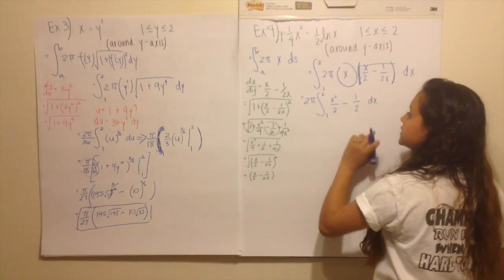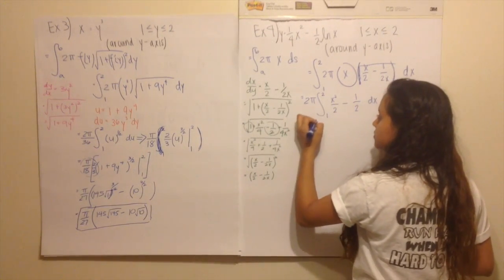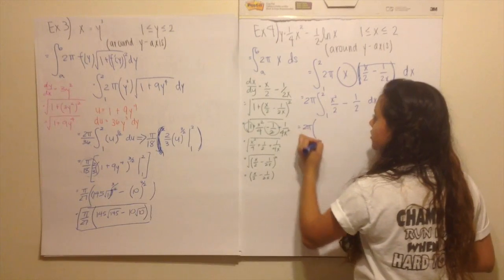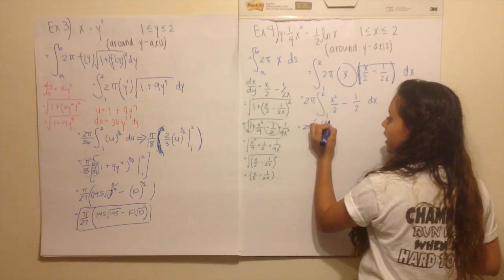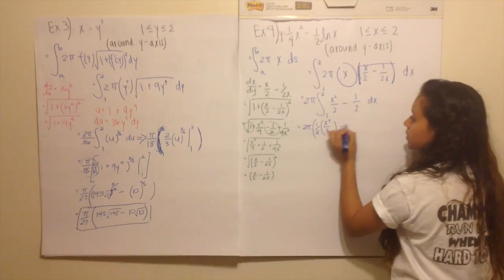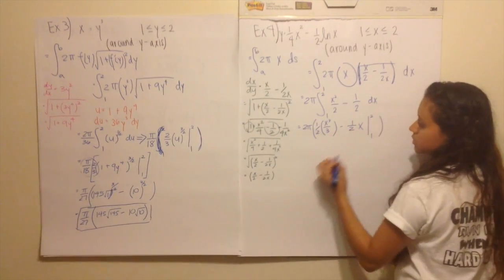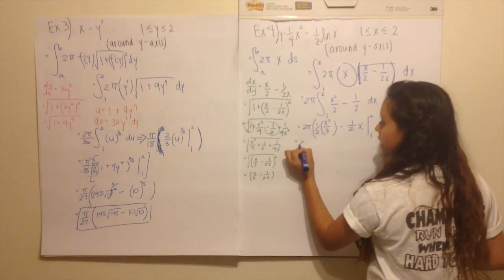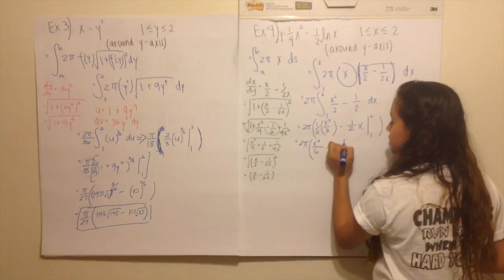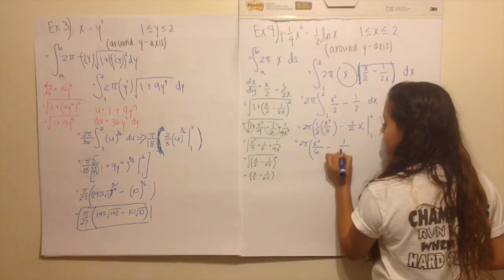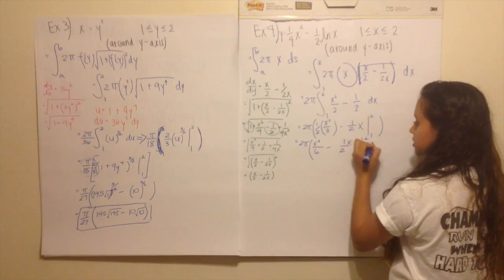So this, as you can see, is very simple to integrate. We would have 2 pi. When we integrate this, the 1/2 stays there, and it would be x cubed over 3 plus 1/2 x, interval from 1 to 2. So we would have 2 pi times x cubed over 6 plus 1/2 x, interval from 1 to 2.